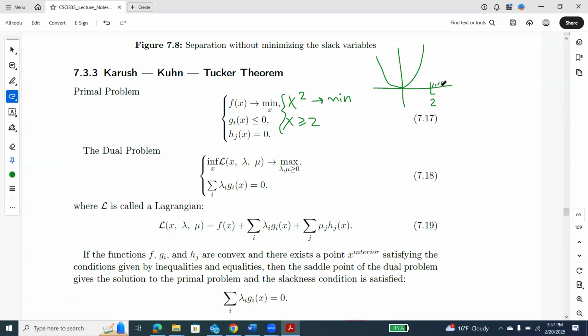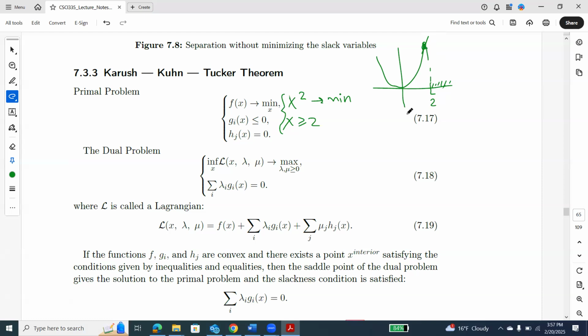So what is the solution for this problem? What is the smallest value of our function with the constraint x greater than or equal to 2? This point will be here at x equals 2. So this will be the smallest value that our function can take with these constraints, because x cannot be smaller.